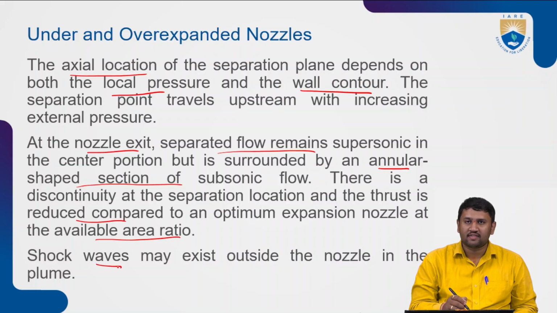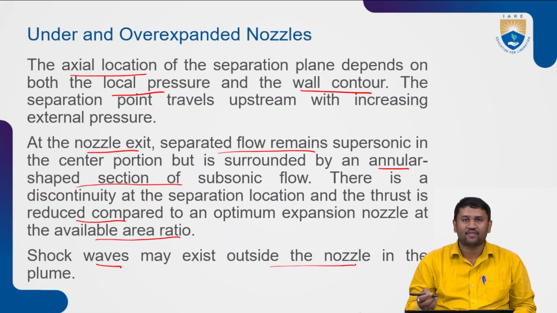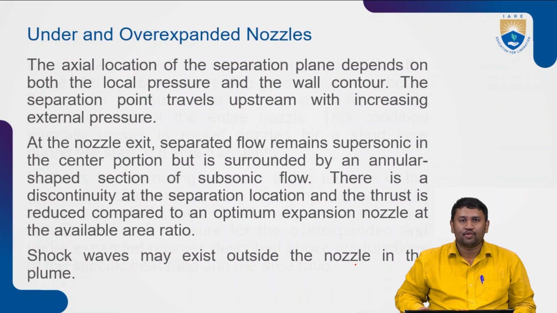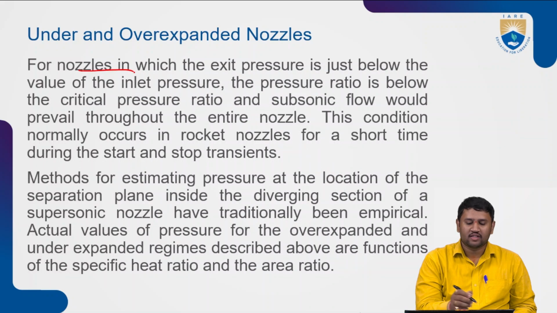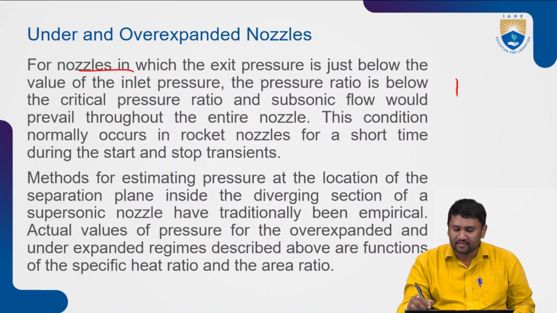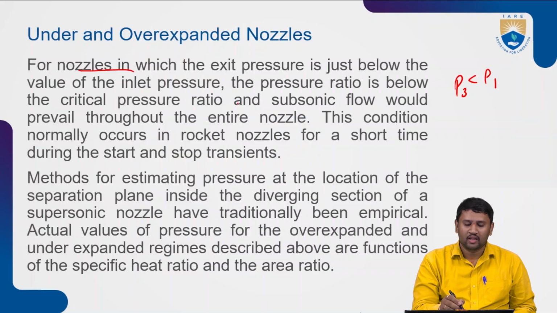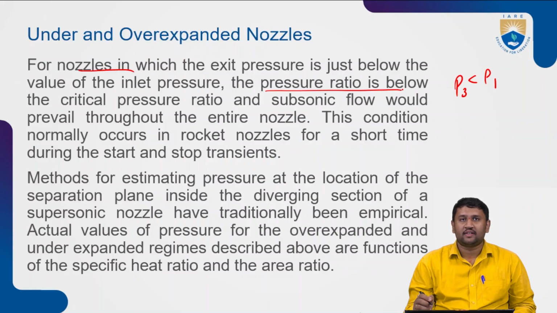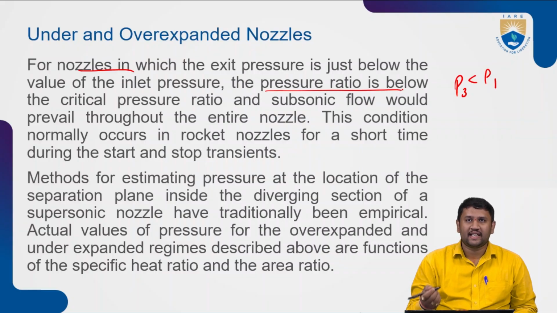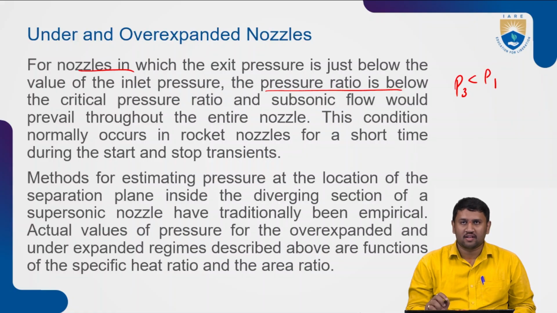The shock waves that are generated may exist outside of the nozzle in the plume. And for nozzles in which the exit pressure P3 is just below the value of the inlet pressure P1, the pressure ratio is below the critical pressure ratio, and subsonic flow would prevail throughout the entire nozzle.